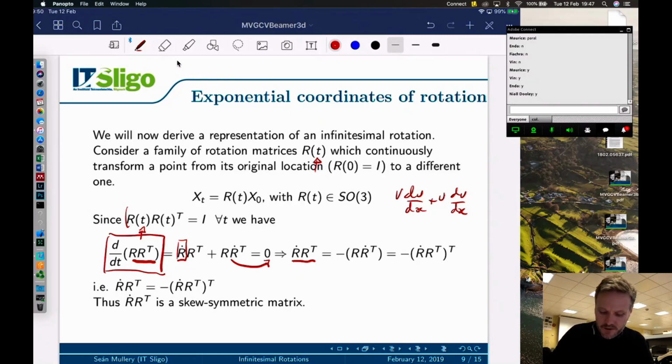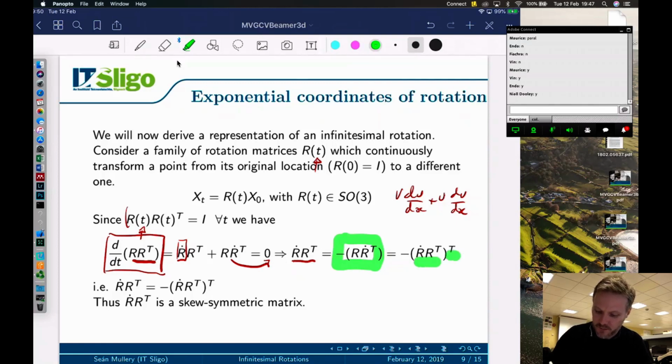So what we're saying is that the transpose of the rotation matrix by its derivative is equal to the minus of the rotation matrix by the derivative of the transpose. Okay, and this one over here, we can do a little bit of playing about with it. I can get the transpose of it, and to do that I have to change around what's on the inside here.